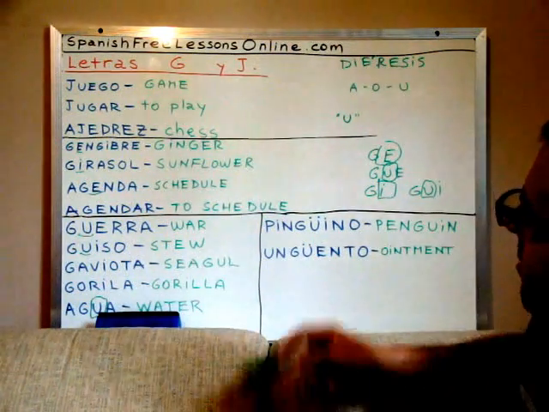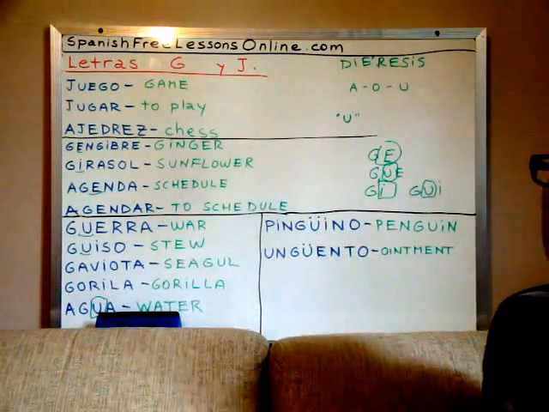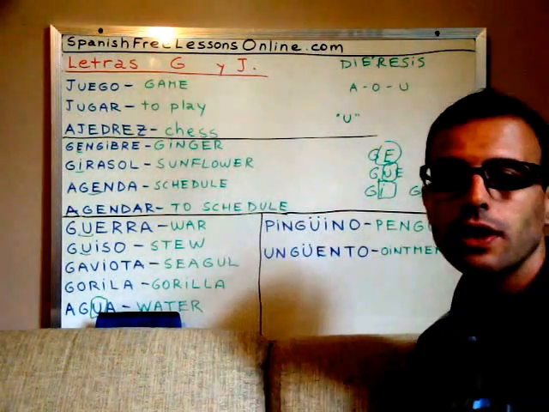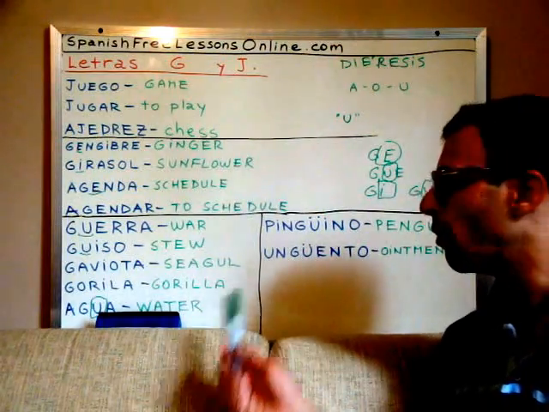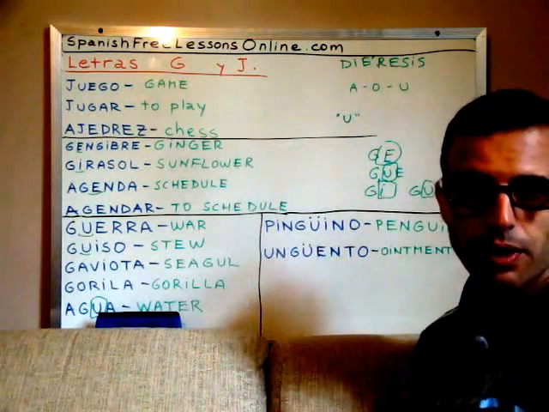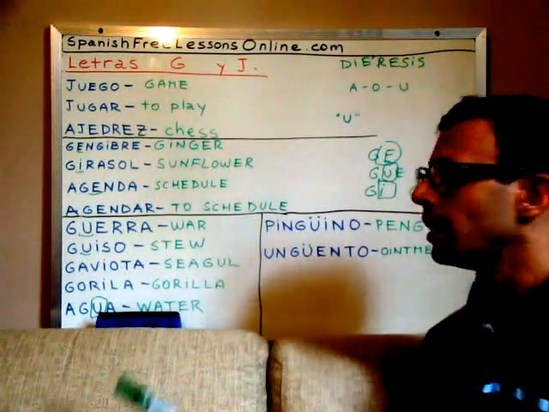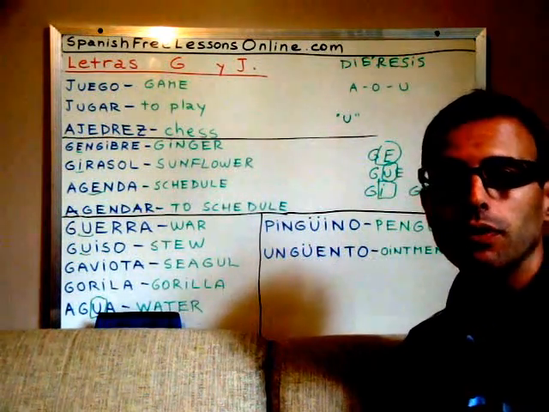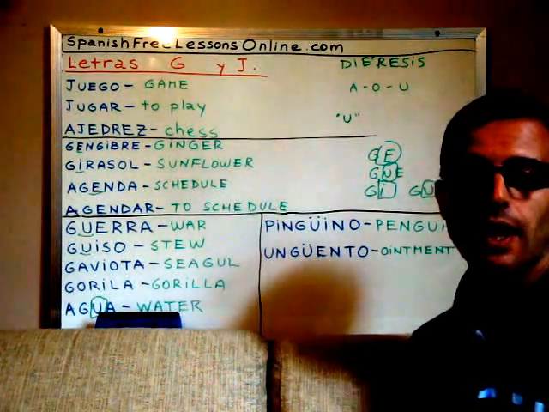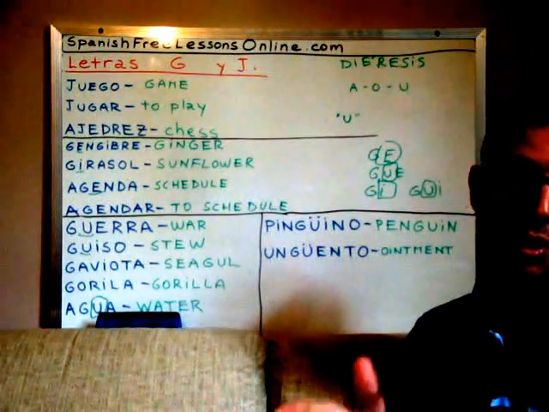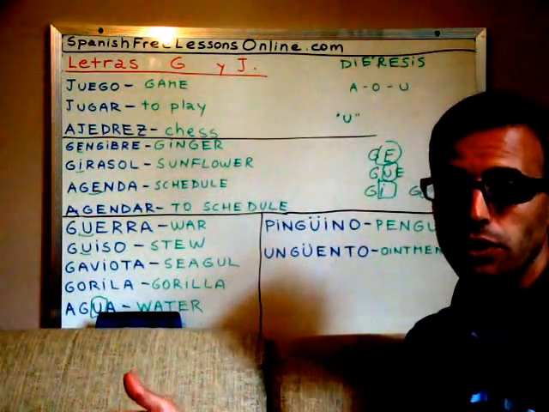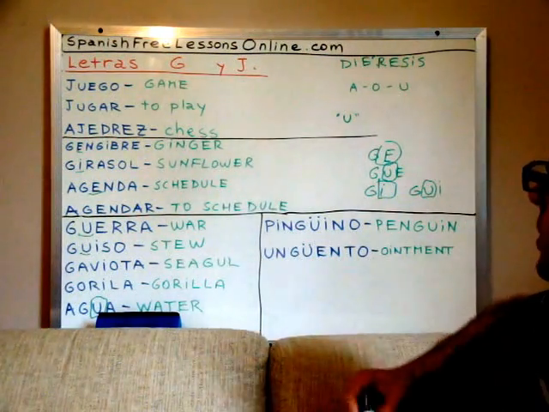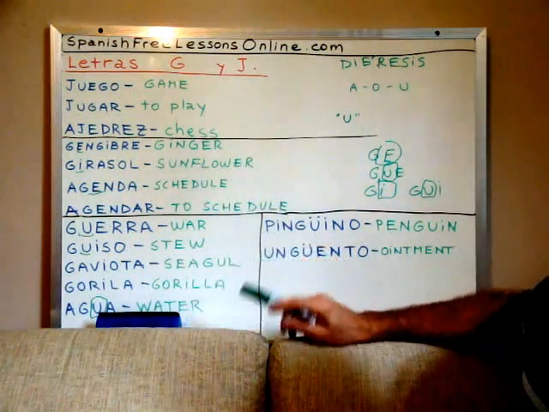Diéresis is the name for these two dots on top of letter U in Spanish, and the diéresis is used exclusively for the letter U in this case, right? We do not have the diéresis, the two dots, on top of other vowels like German, for example, that has the umlaut on the A or the O or the U, okay? And how do we use this? Here we have two examples.